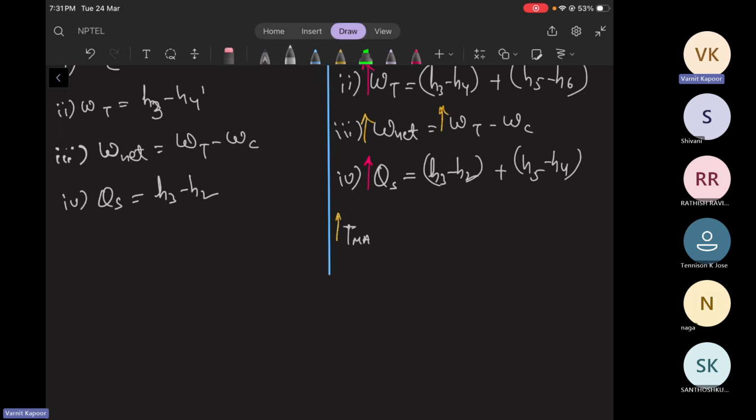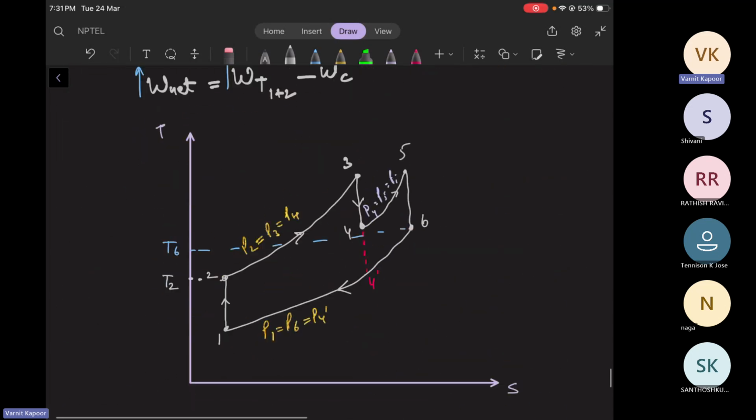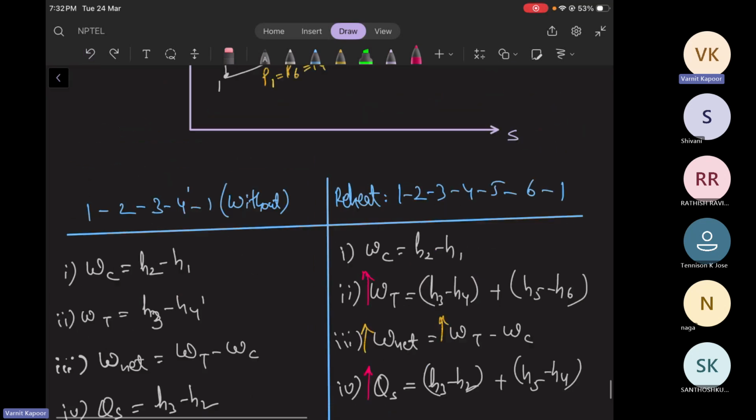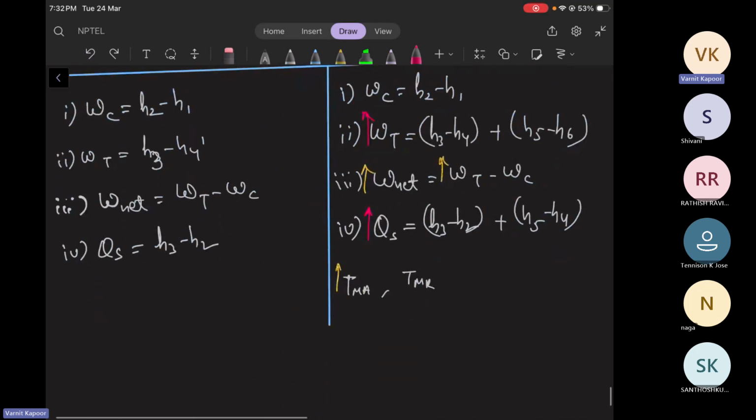Then mean temperature of heat rejection has also increased. Why? Earlier the rejection was from only 4 to 1, but now, sorry, rejection is from 6 to 1. So temperature has risen if you take the mean. So mean temperature of heat rejection has also been increased.